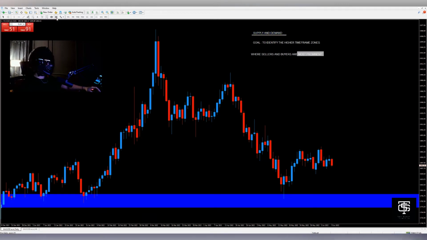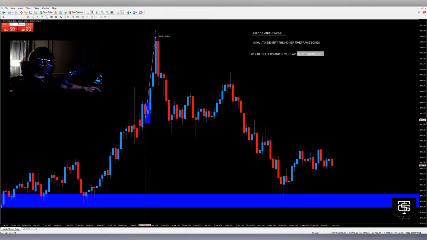For me, supply and demand is a very basic term from economics, but how do we apply it on the charts? Let's look at this example over here. I would call this a demand zone. Why? Because from this moment onwards, price got pushed all the way up 1,400 pips.